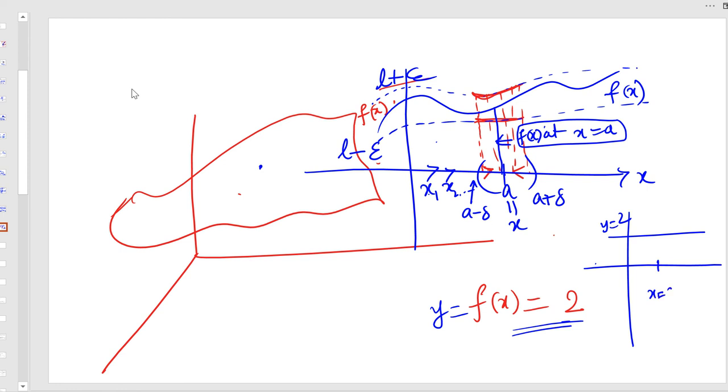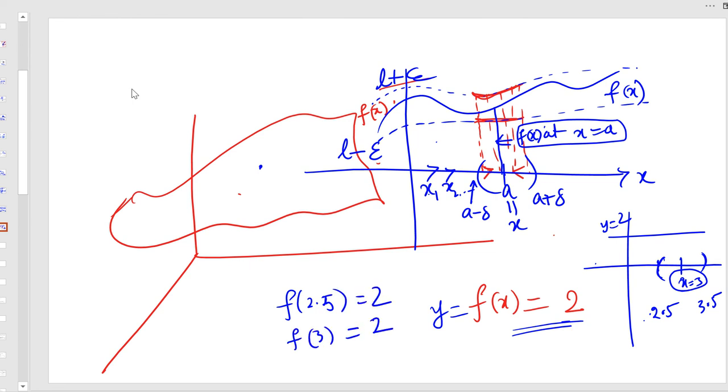Take x equals 2, and x equals 3, with 2.5 on one side and 3.5 on the other, so 3 is in between. Take the interval. What is f of 2.5? It is 2. f of 3 is again 2. f of 3.5, what is it? Again 2.